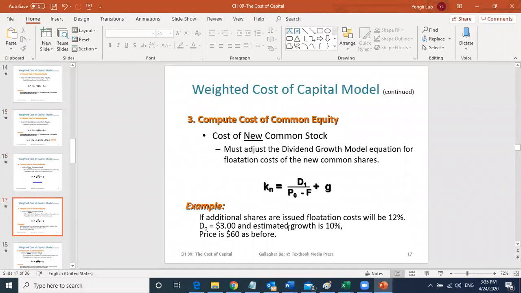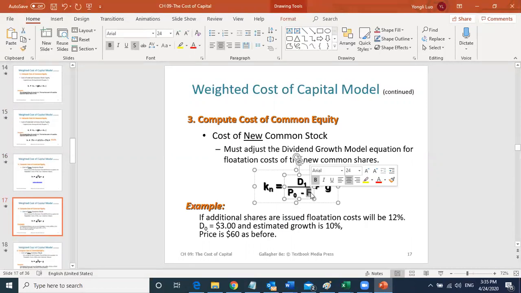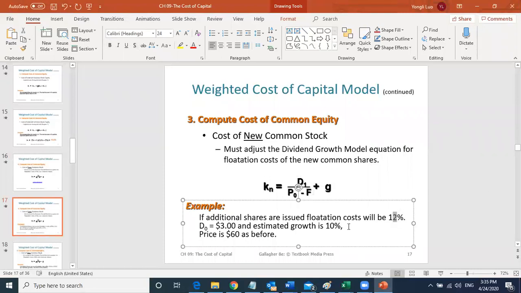For example, if additional shares are issued, the flotation cost will be 12%, so you minus 12% times the stock price.